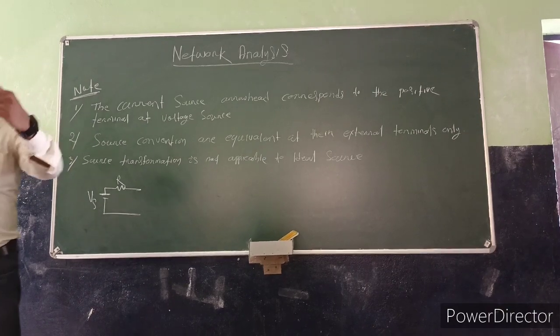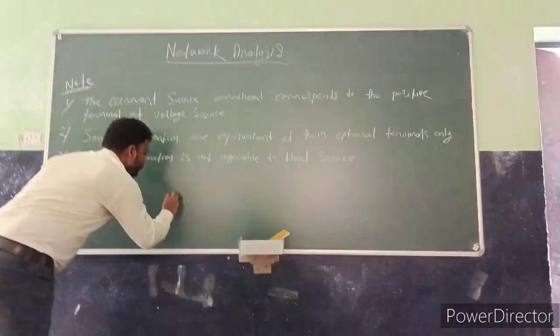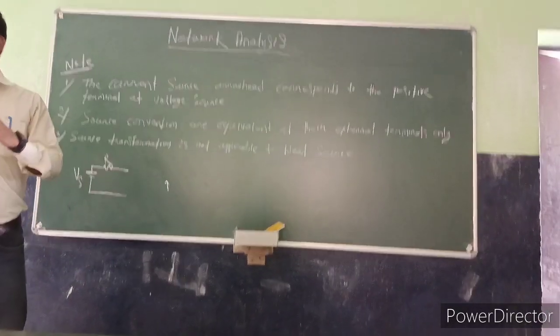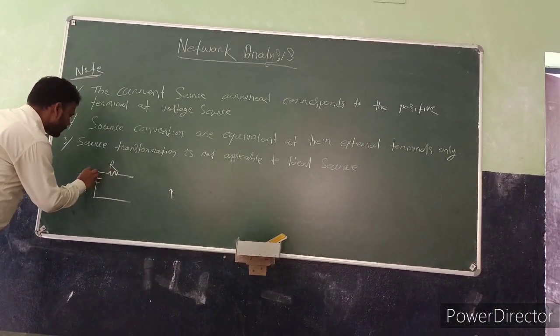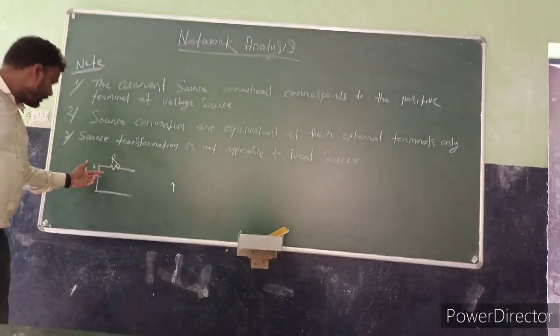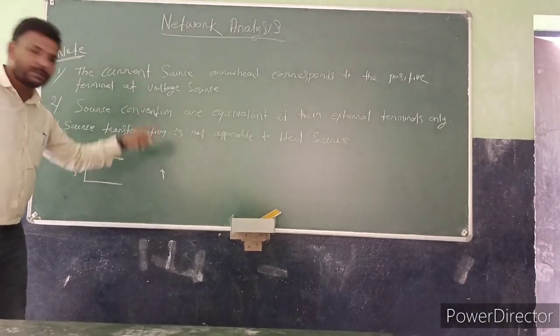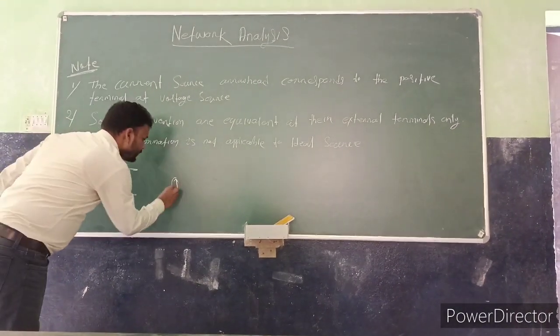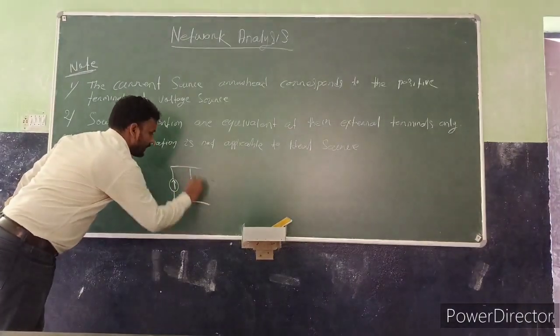If we convert this voltage source to a current source, we have to notice that the arrowhead should be at the positive terminal of the voltage source. Here the positive terminal of the voltage source is at the top, so the arrowhead should be upward. This is the current, and the resistance is in parallel.